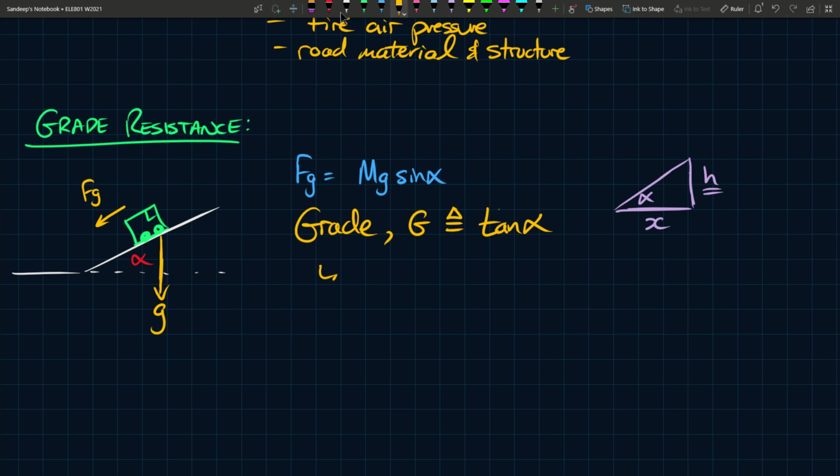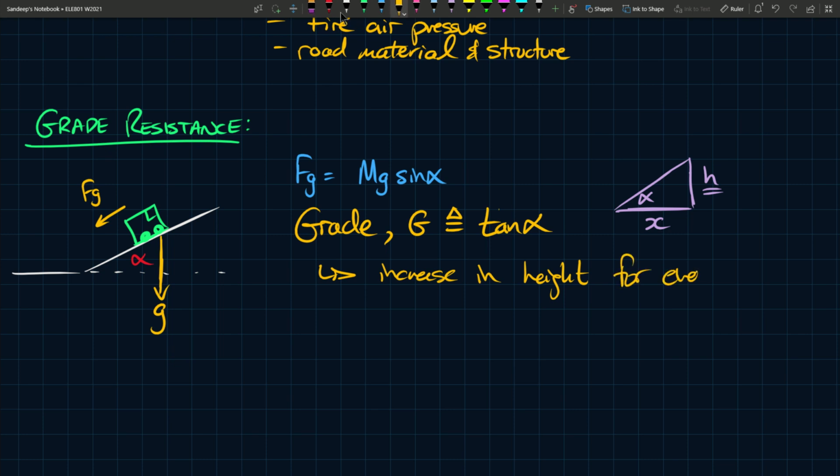So we can say here, increase in height for every 100 meters traveled.